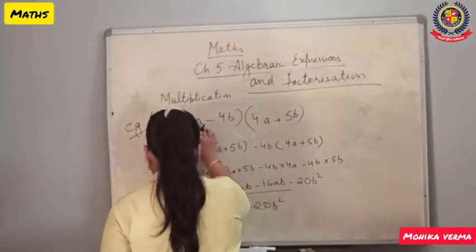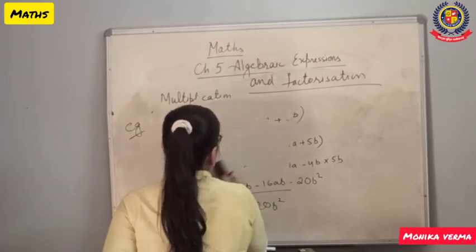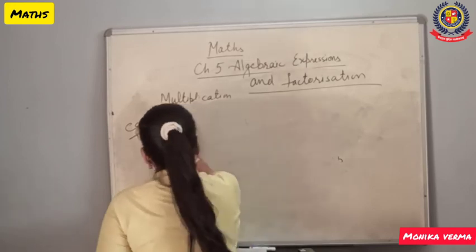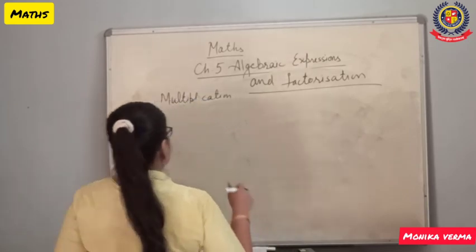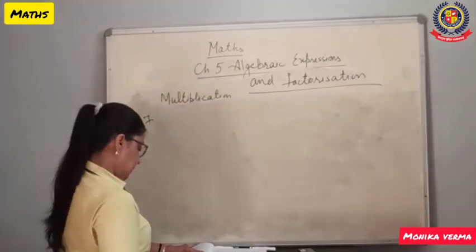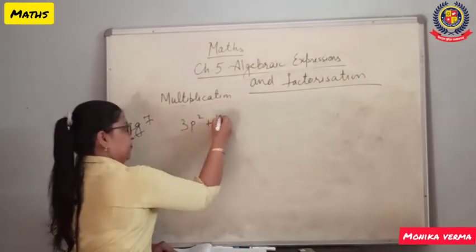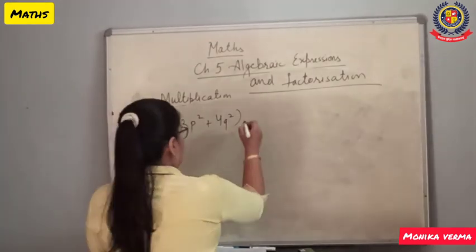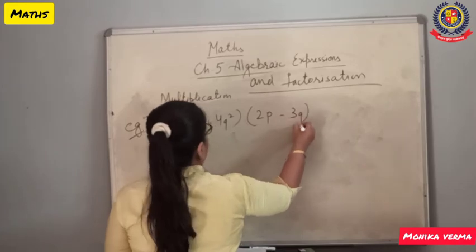Next example, example number 7. 3p² plus 4q² into 2p minus 3q.